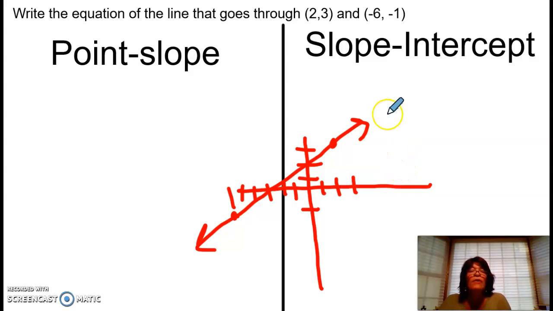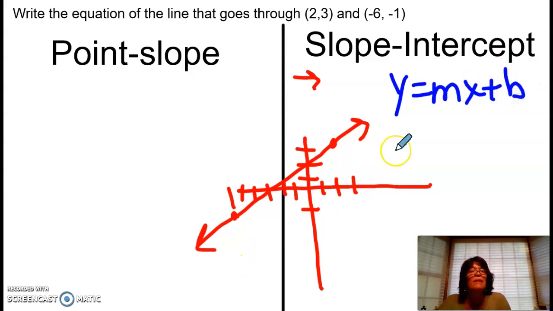Okay, so for every line, we usually live in the slope-intercept world in Algebra 2, y equals mx plus b. Love it. It's my favorite form, right? Because I can see the slope, I can see the y-intercept. If I look at this and I remember stuff about slope, I know that I can rise, what would that be?